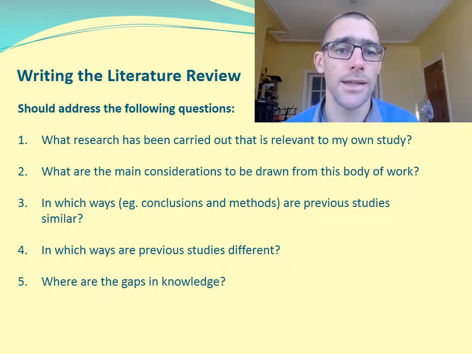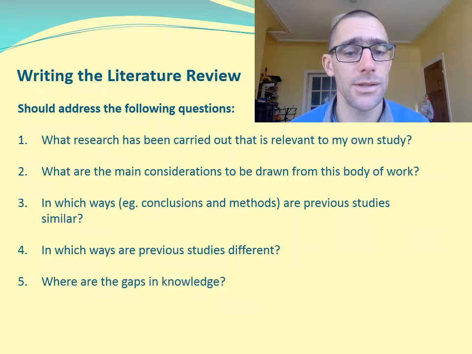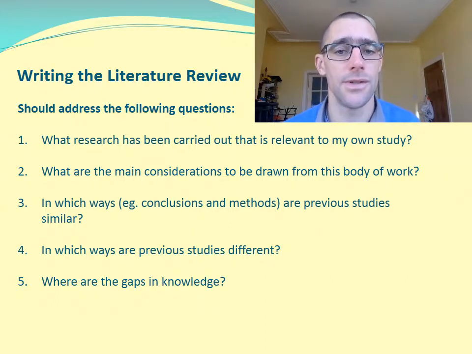Think about and write about ways in which previous studies are similar to each other. Have different studies, for instance, reached similar conclusions or drawn on similar methods? Then how are they different? Where are there variations in what people have found or how they've studied a particular phenomenon?